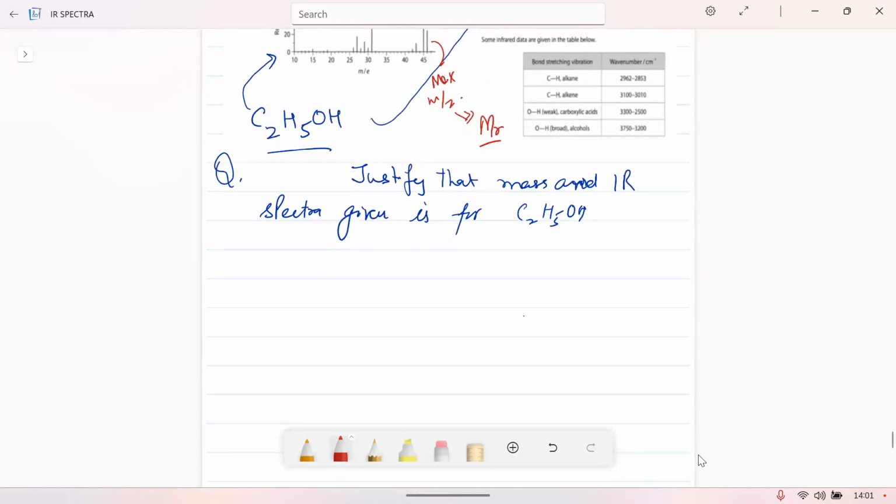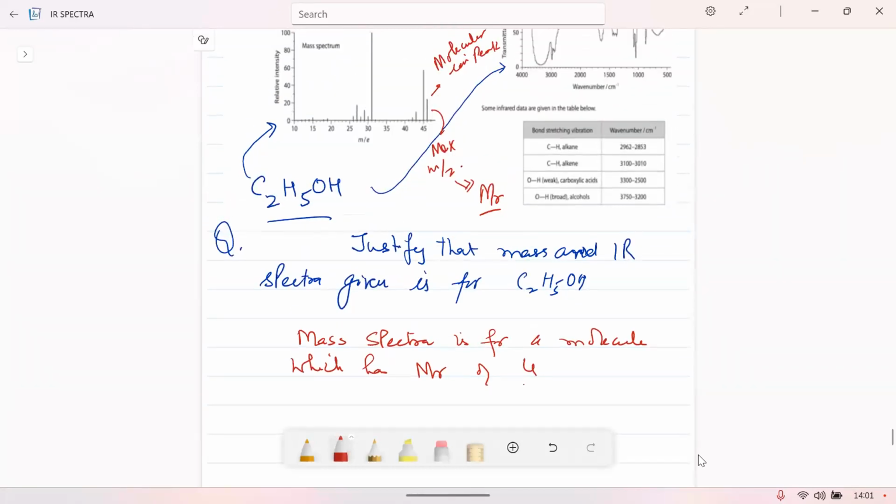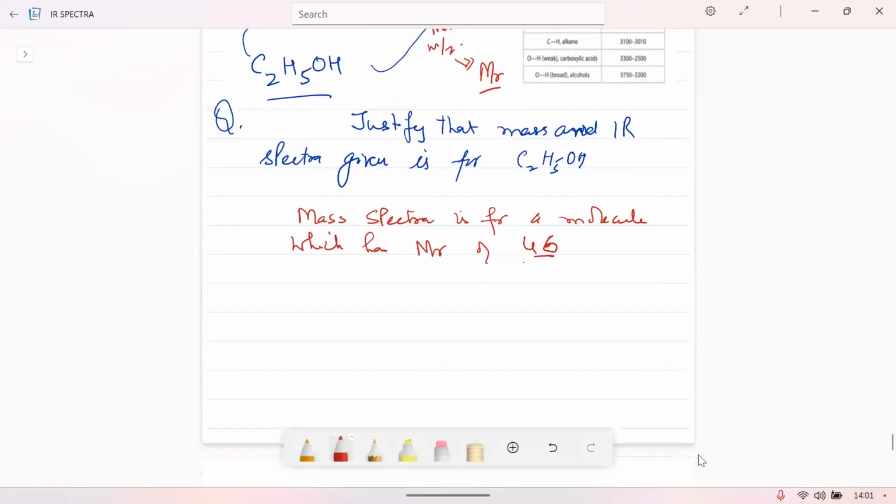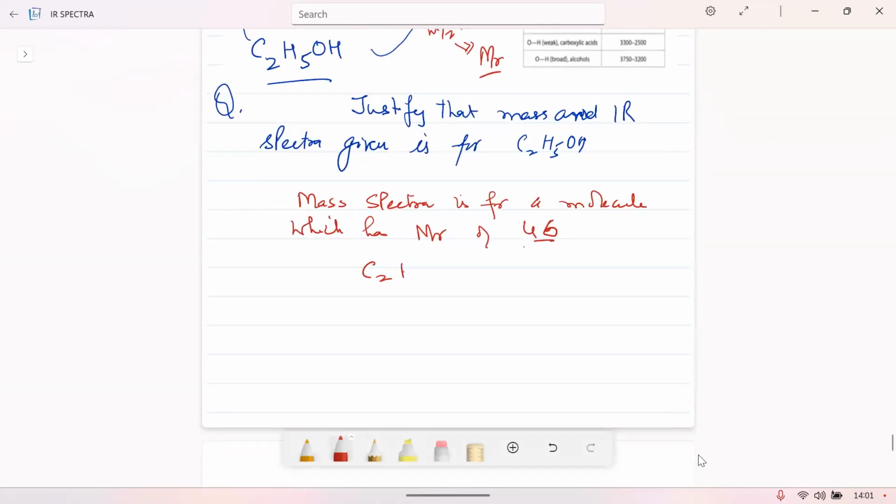The mass spectra is for a molecule which has Mr of 46. So let us look at whether C2H5OH has a molecular mass of 46 or not.